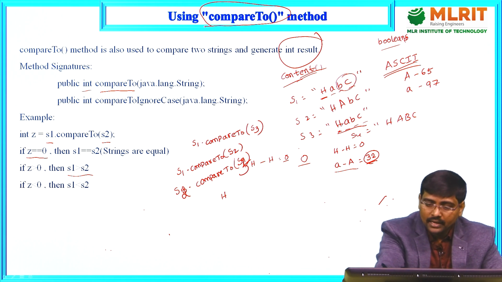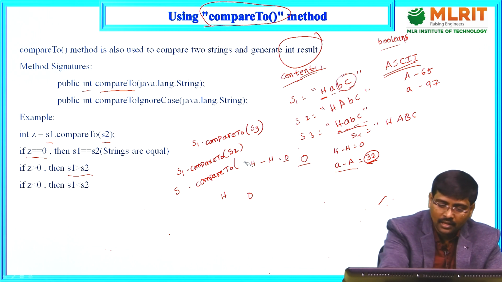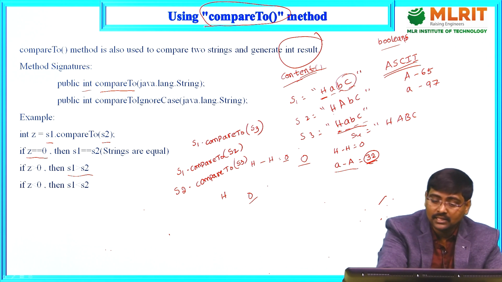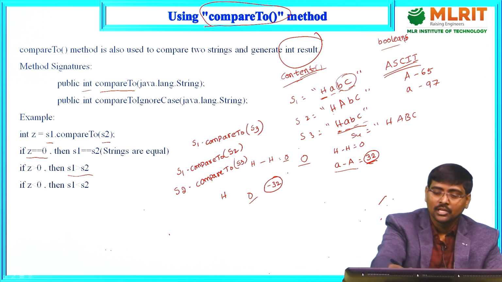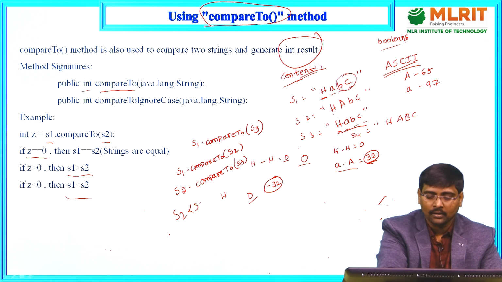H minus H, 0. I will take S2 dot compareTo of S3, H minus H 0, capital A minus small a, the result is minus 32. The meaning is string 2 is less than string 1.